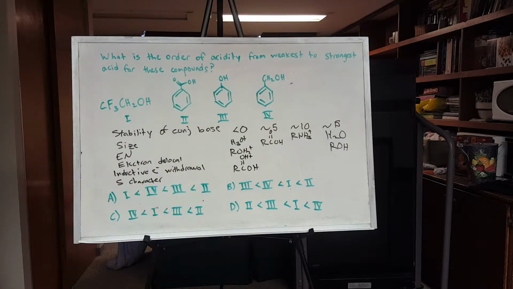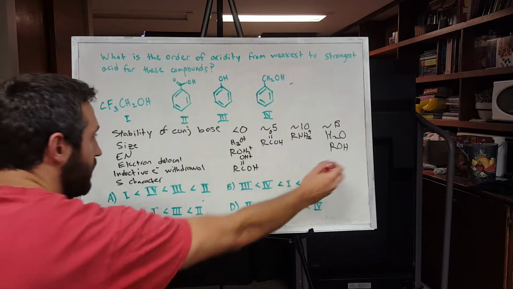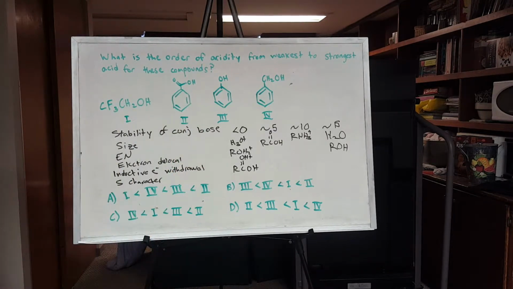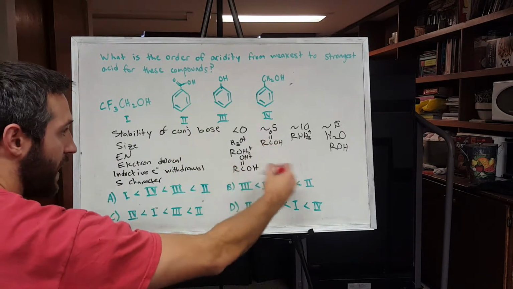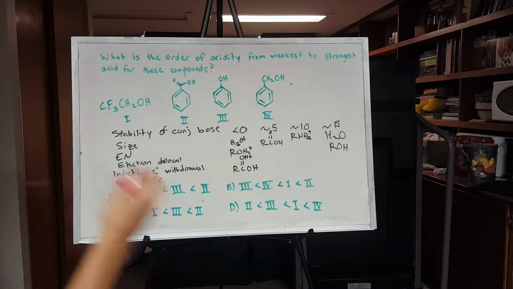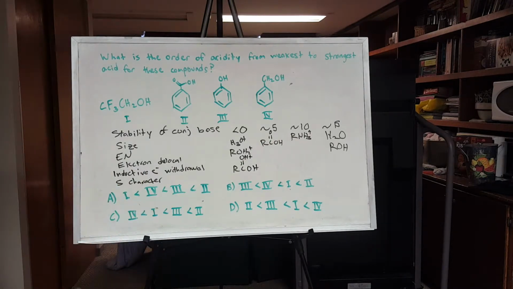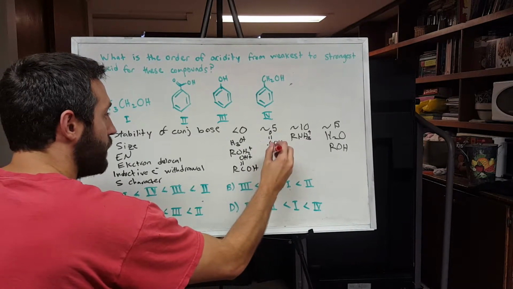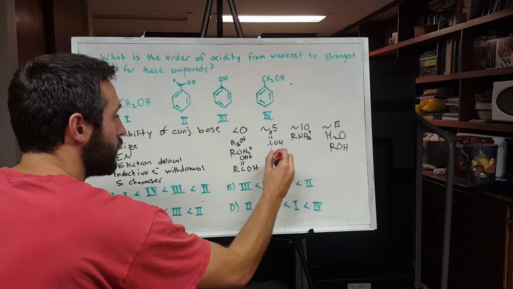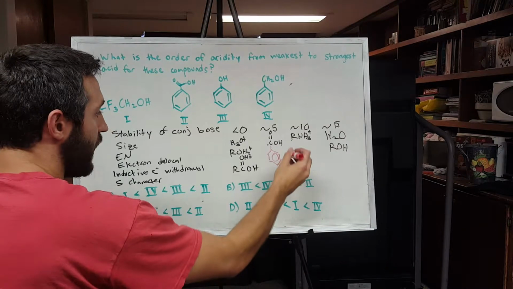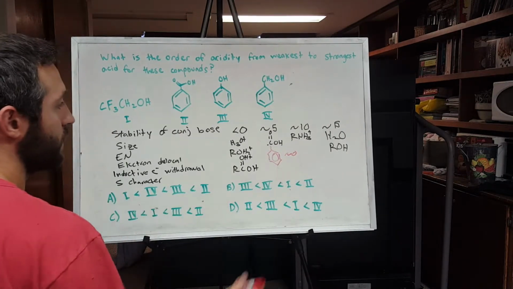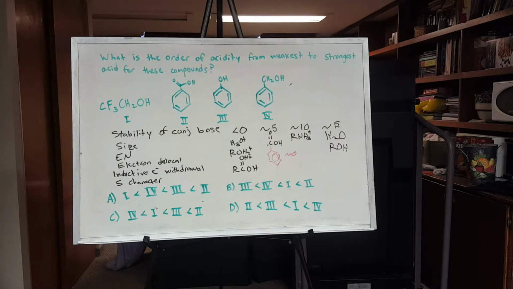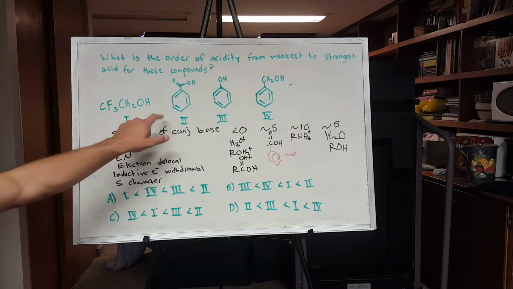Another note for this pKa table: if you add a benzene ring to these acidic groups, you decrease the pKa by 5 generally. So if I replace this R with a benzene, then this would be approximately 0. Same if I replace this R with a benzene, it would be approximately 5. So this is going to be even less.